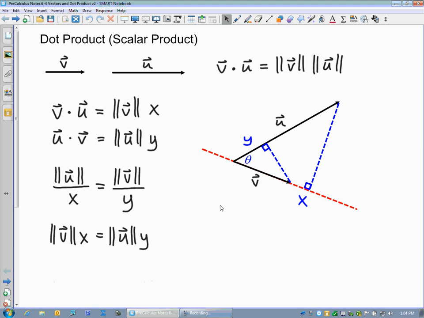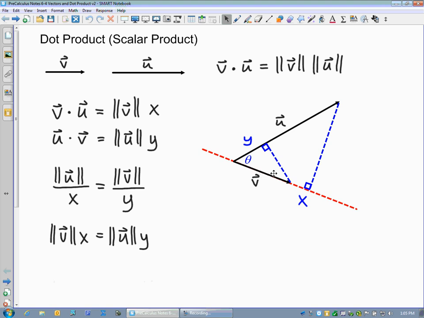Now, a couple of observations can be made here regarding the dot product. First of all, notice how if theta is an acute angle, if it is less than 90 degrees, then when we have the projection come down, the projection is going to be in the same direction as our other vector.